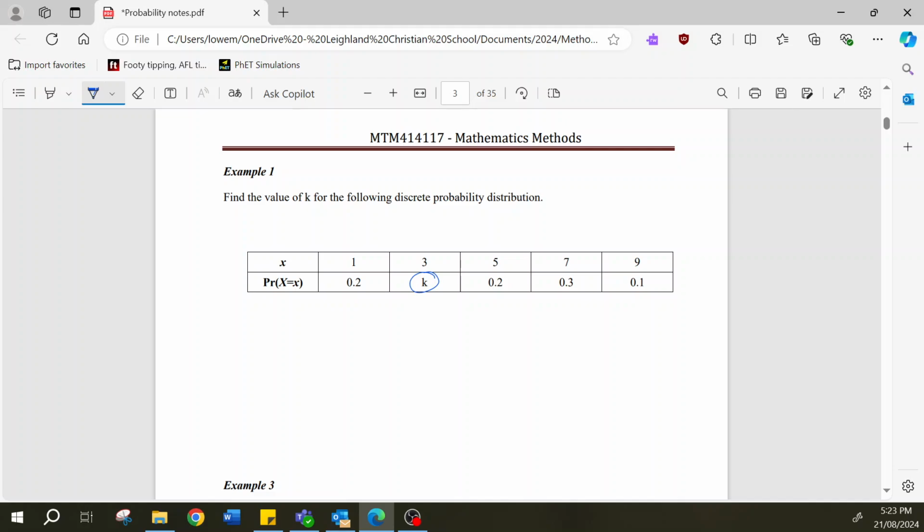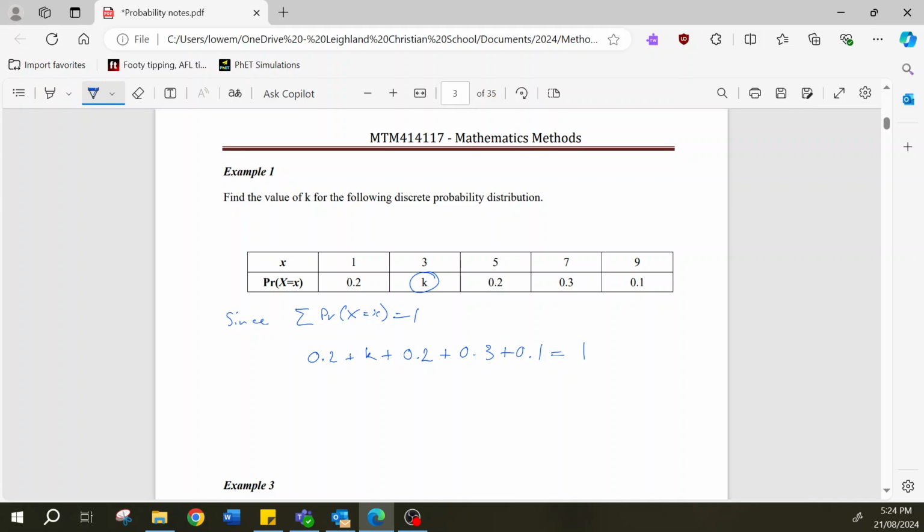Going back to what we saw before, we know that all of the probabilities within this distribution must add up to 1, so we could say that since the sum of the probabilities equals 1, 0.2 + k + 0.2 + 0.3 + 0.1 must equal 1.